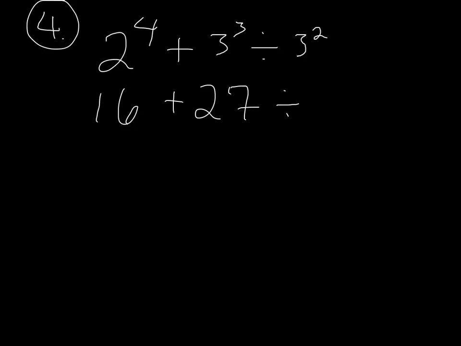And 3 squared, well, we just did this. 3 times 3 is 9. So divided by 9 here. Parentheses, exponents, now multiply and divide. We do have a division. We have 27 divided by 9, which is 3. So we'll have 16 plus 3. And 16 plus 3 to finish that out is 19.